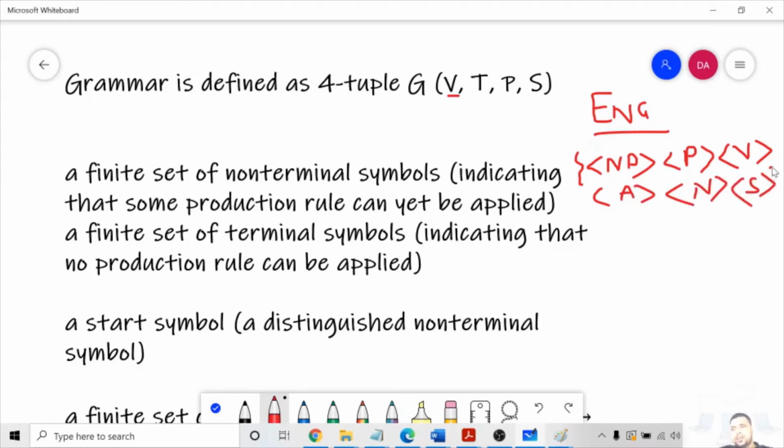Okay, so this is your set of non-terminal symbols.